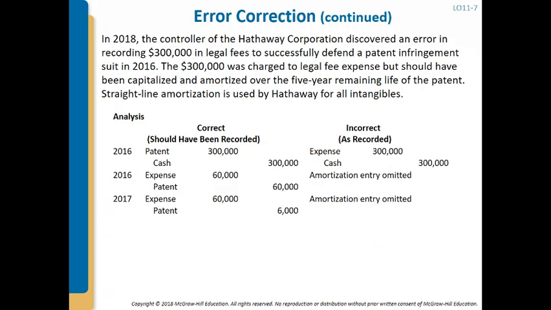So here we have an example where in 2018 the controller of this company discovered an error recording $300,000 in legal fees to successfully defend a patent infringement suit in 2016.